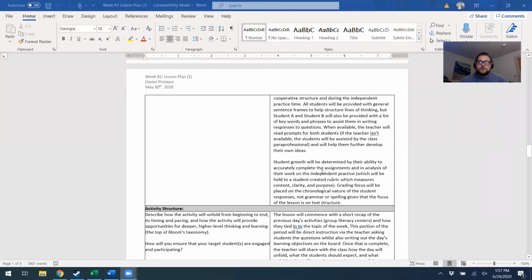Student growth is going to be determined by the ability to accurately complete the assignments and an analysis of the work on the independent practice, which will be held to a student-created rubric, which measures content clarity and purpose. I think it's a great practice to have students create their own grading rubrics.